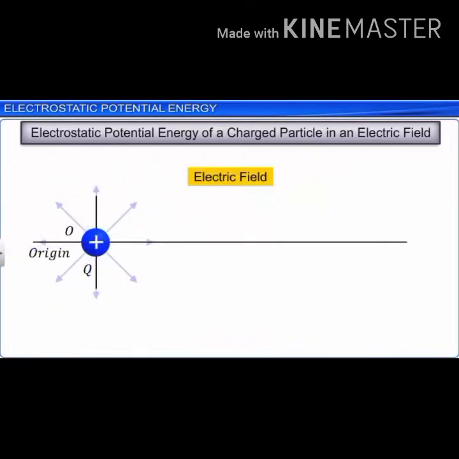Consider the electric field of a positive charge Q placed at origin O. Let Q naught be a positive test charge located at point S. To bring the charge Q naught from point S to point P, closer to charge Q, some work has to be done against the force due to the electrostatic field Fe.